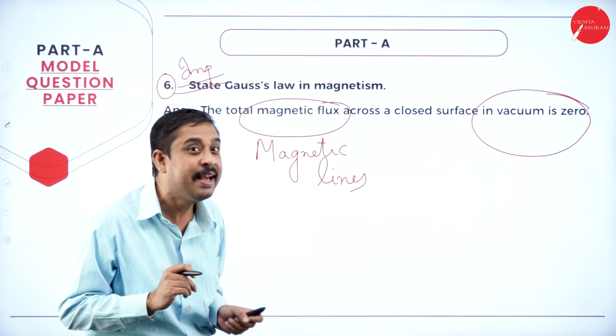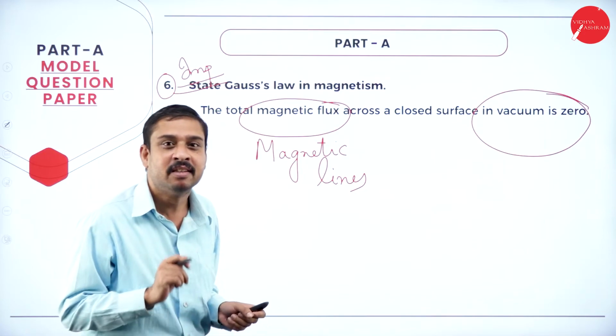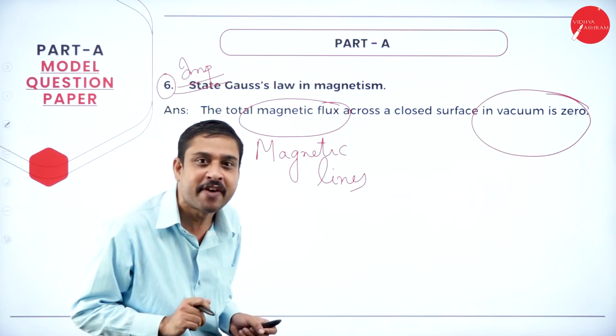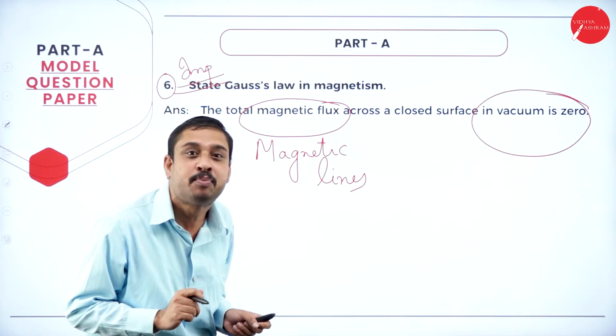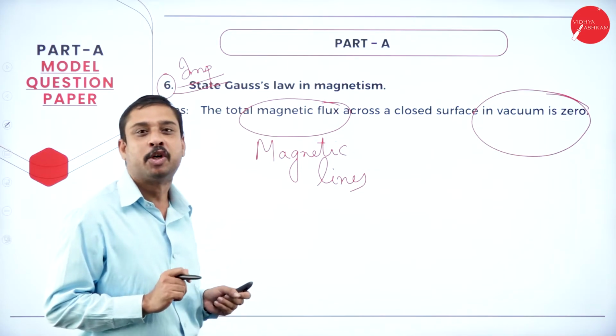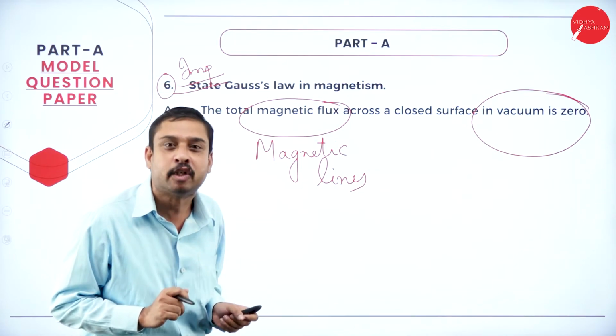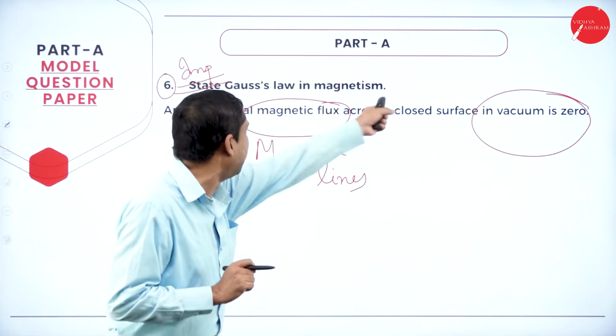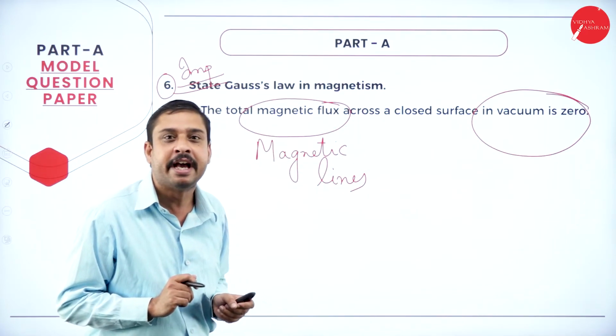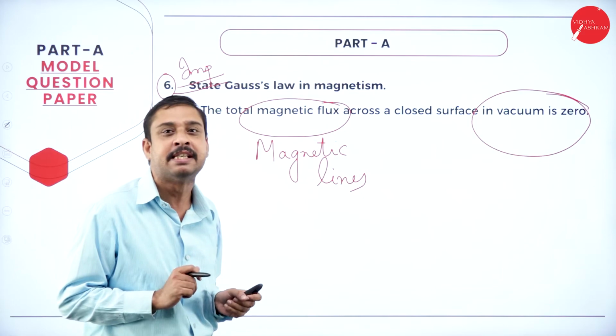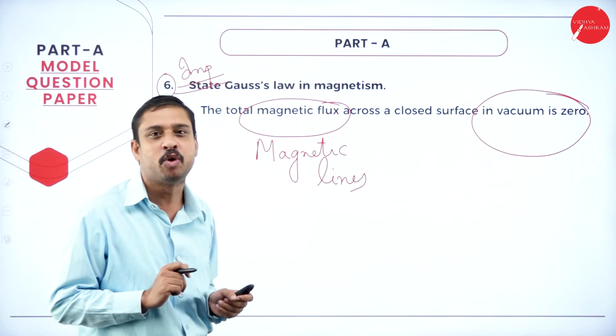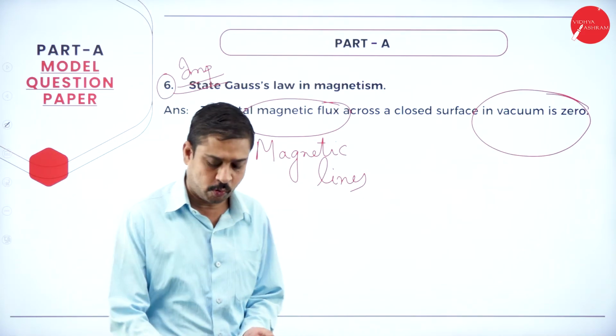In electrostatics, the electric flux across a closed surface is 1 by epsilon naught times the total charge enclosed by the surface. But here the magnetic flux across a closed surface is always zero. Passing on to the next question.